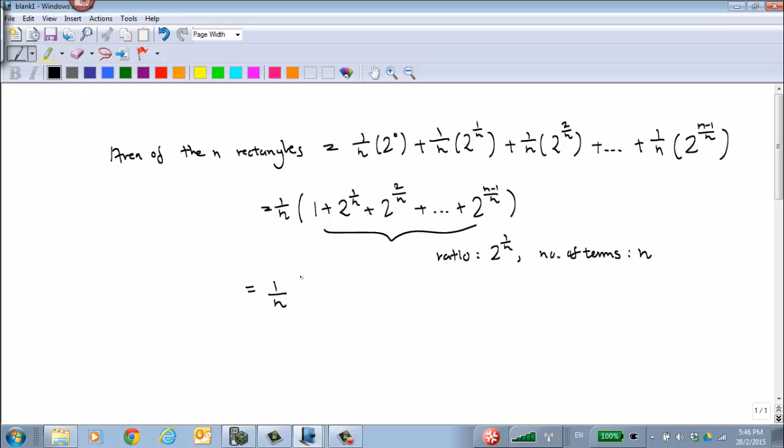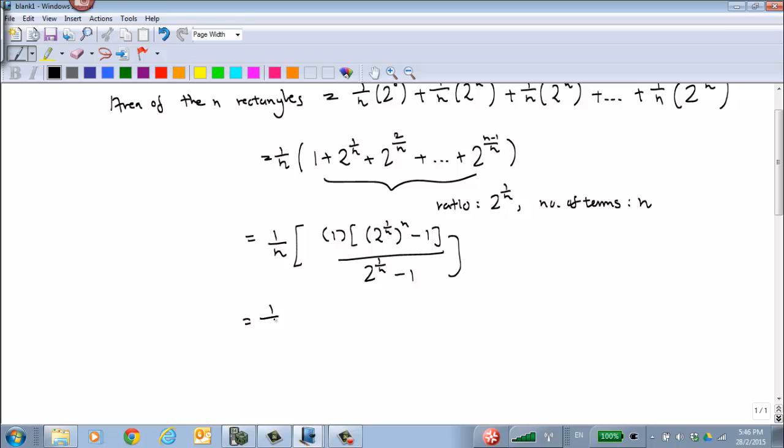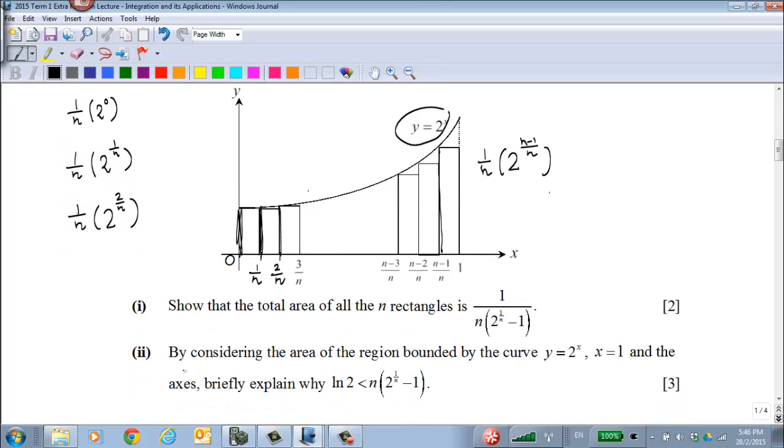Hence, applying the GP summation formula, we will have this. If you do the simplification, you will get this as the total area for the n rectangles, which is what the question wants you to show.